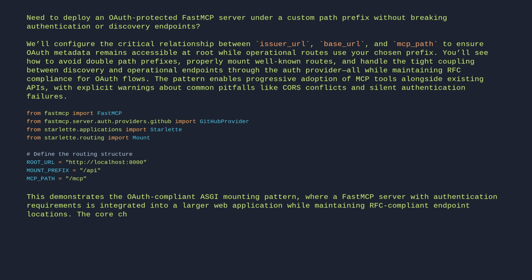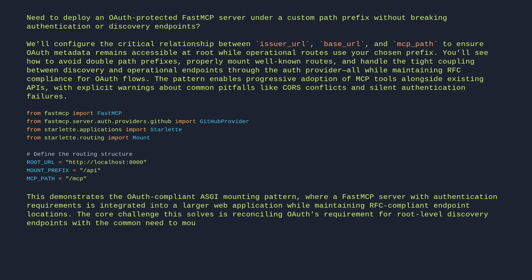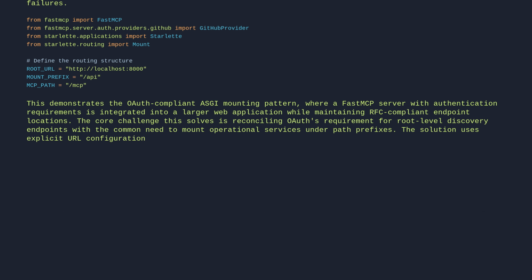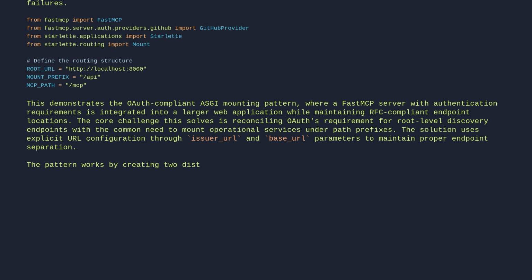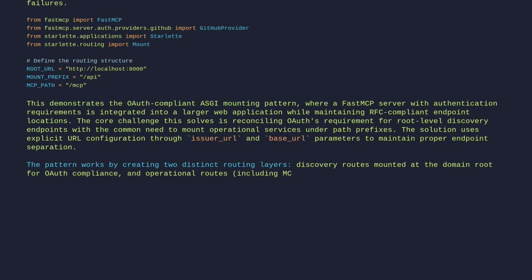The core challenge this solves is reconciling OAuth's requirement for root-level discovery endpoints with the common need to mount operational services under path prefixes.